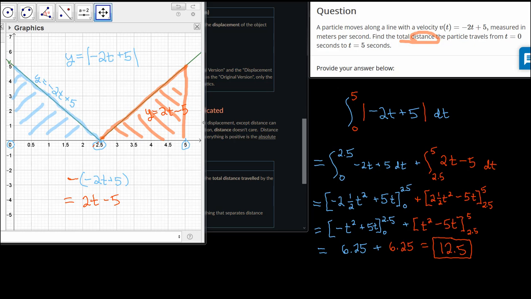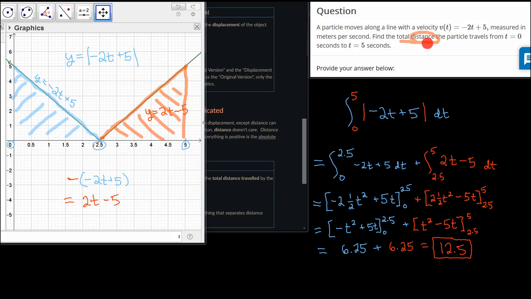If you have a nice function, you can always find integrals algebraically using the fundamental theorem of calculus. But if you have a nice picture, then you can find integrals just by using areas.